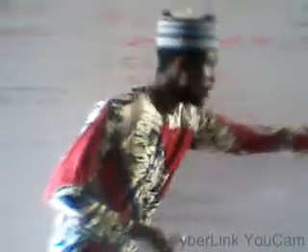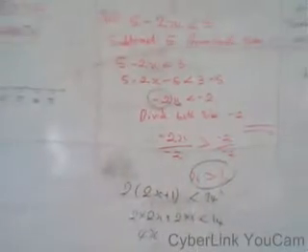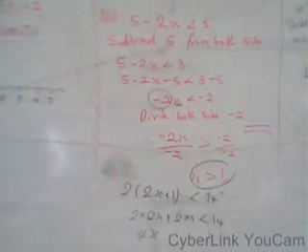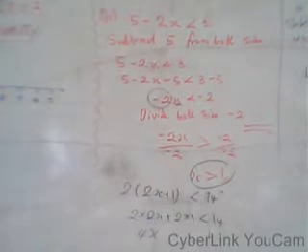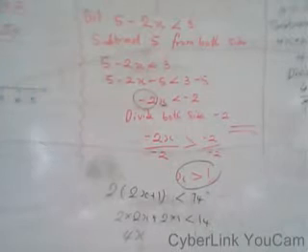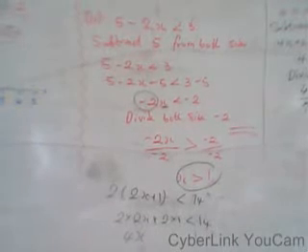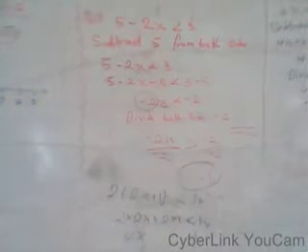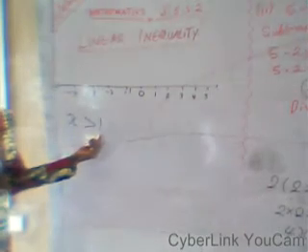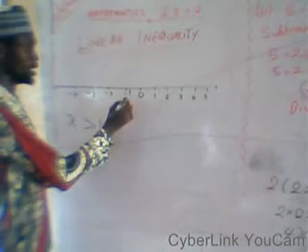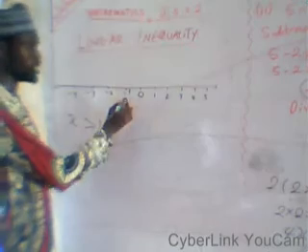To represent any of these values on the number line, take for instance the value of our second question, which is x greater than 1. You come to where you can see 1 on the number line. You can see this minus 1, that's not where we are going.